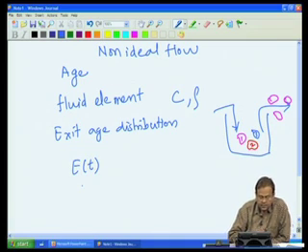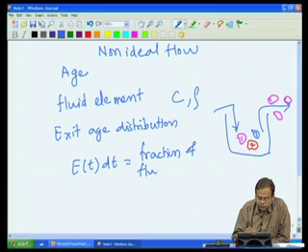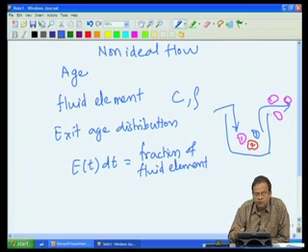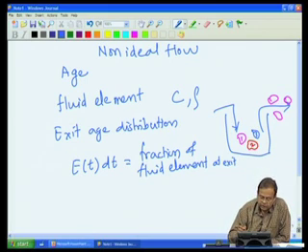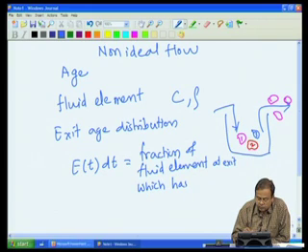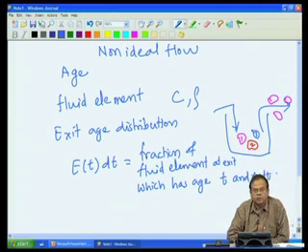and E of t dt is nothing but the fraction of the fluid elements at exit. So, we are looking at what is happening in the exit stream, which has age between time t and t plus dt.